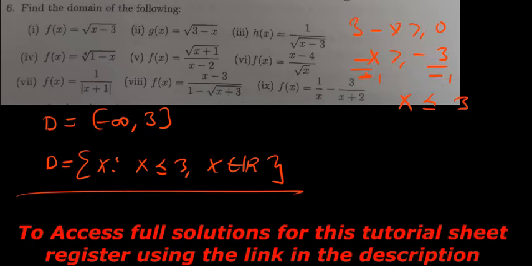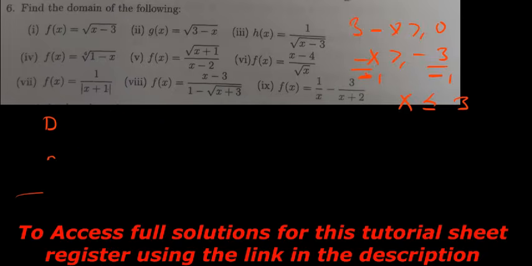Okay, so we are interested in the values of x that can make the function defined. Now I'll first go to the other part. I'm not going to do this one first. I'll first solve this one, then I'll come back to that one.